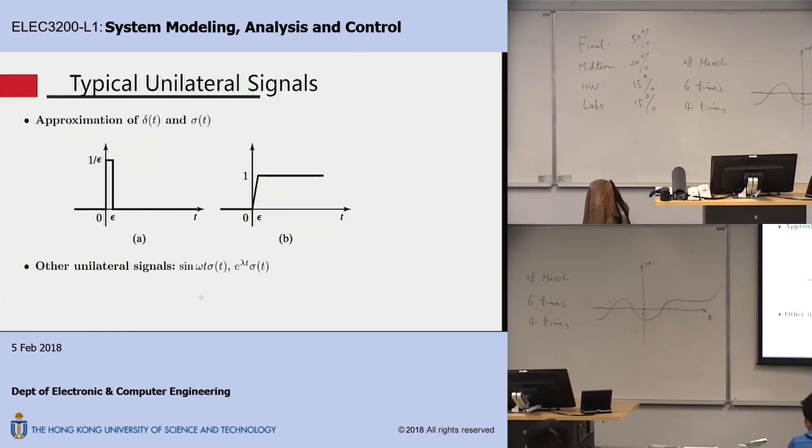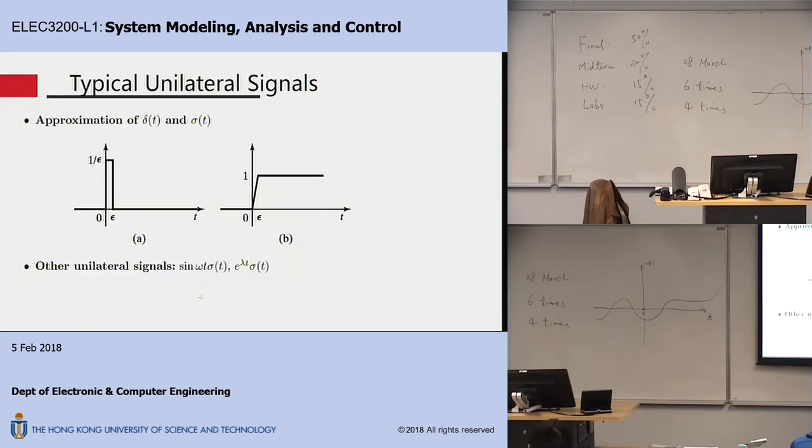The derivative is 0 here, and 0 over there. But in between, the derivative is 1 over epsilon, very high.